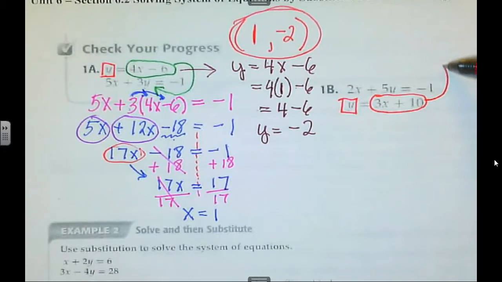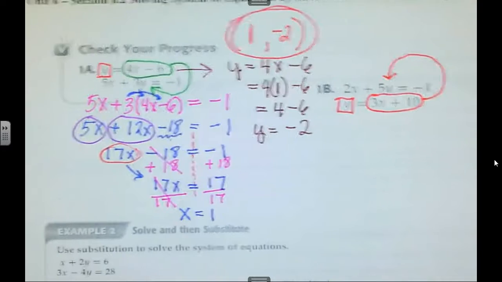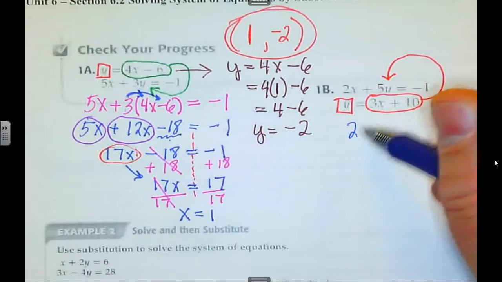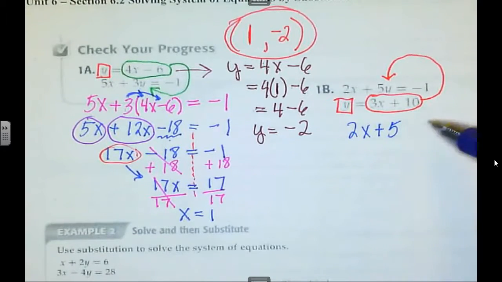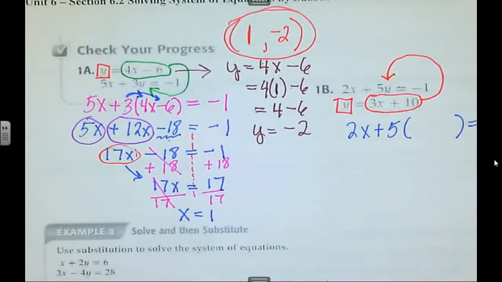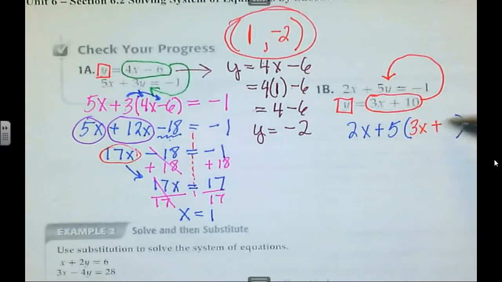So I'm going to look for y in the other equation and substitute in my 3x plus 10. So I have 2x plus 5 times my y is going to equal negative 1. My y equals 3x plus 10.